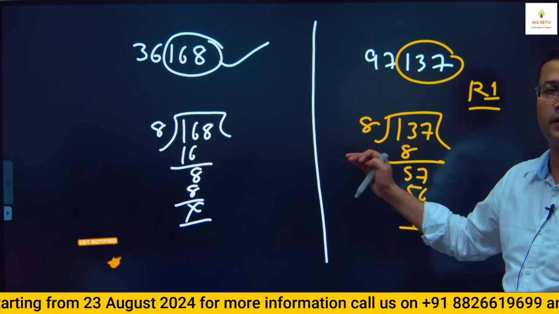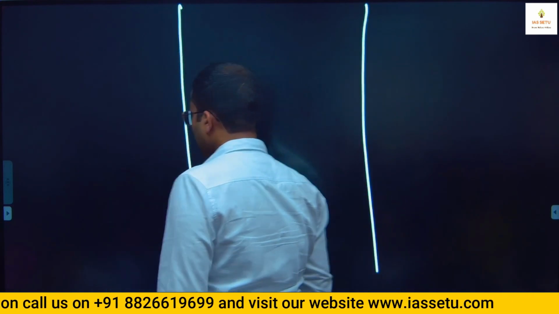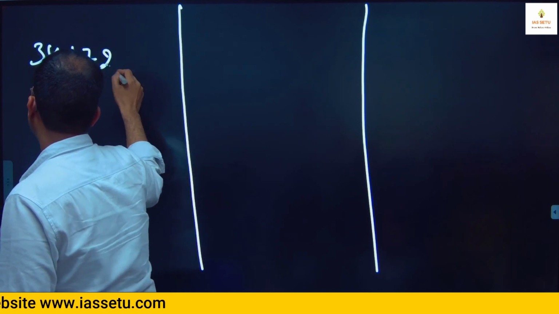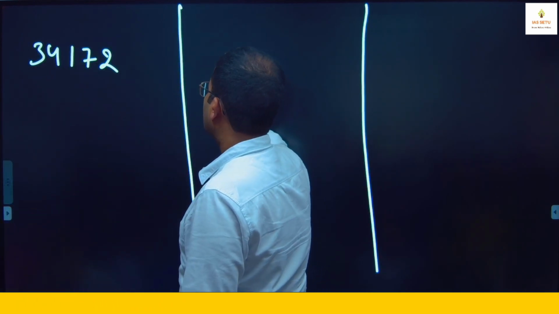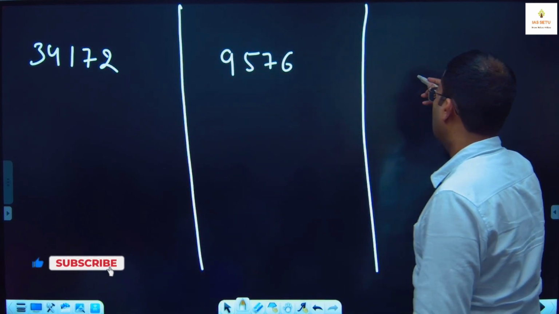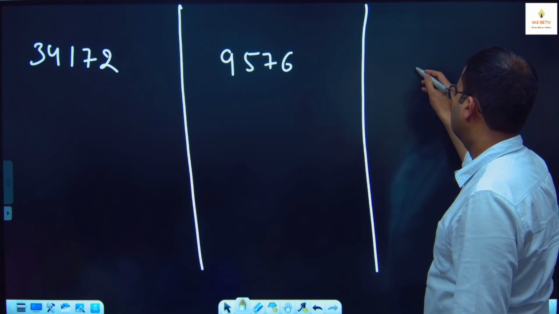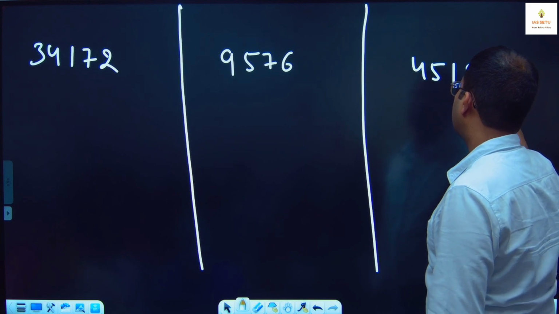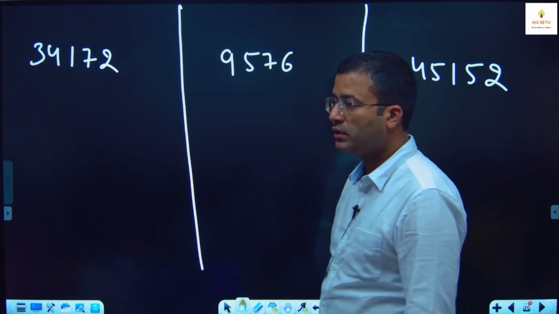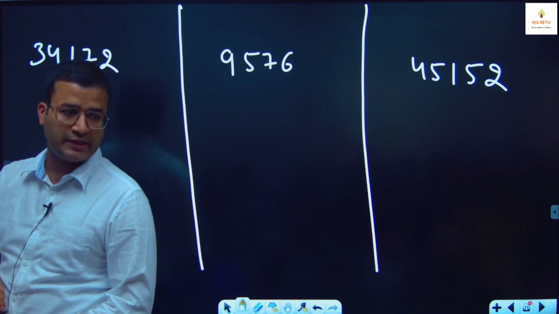Otherwise, you have to tell me the remainder. 34,172. 9,576. 45,152. If it is divisible, yes. If no, then in that case you have to find the remainder as well.